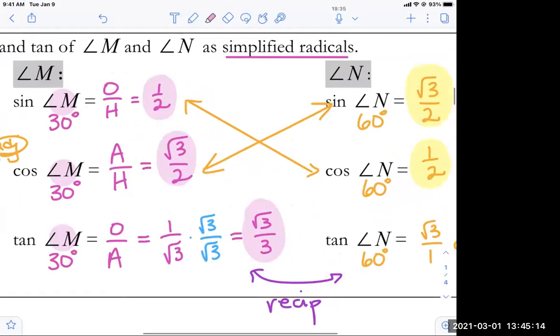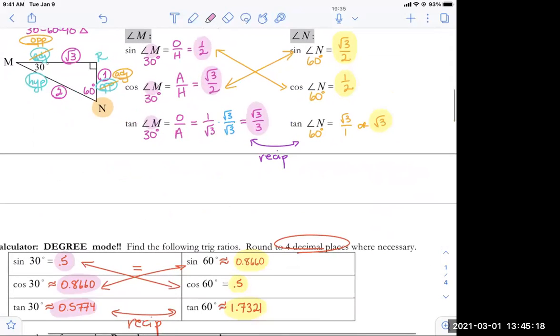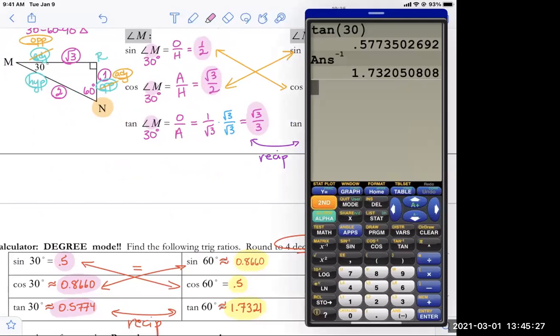If I typed in square root of 3 over 2 into the calculator, okay, look at these two tables. If I type in square root of 3 divided by 2 in the calculator, approximately what value will I get? Square root of 3 divided by 2. What should that be based on this table?